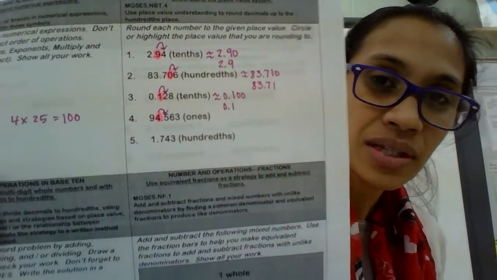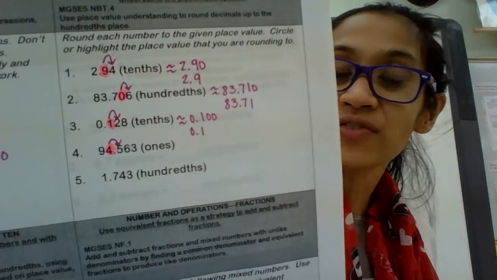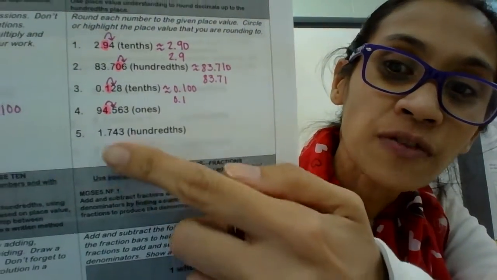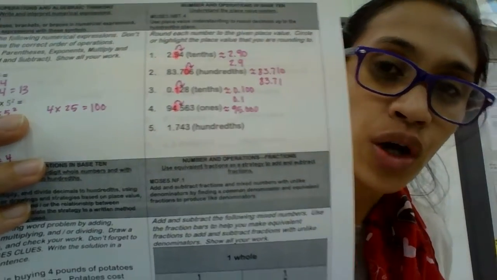Is that 5 less than 5 or 5 or more? It's 5 or more, so what happens to the 4? It increases by 1. So we have 95, and that's it. The rest becomes zeros. Or you could just write the 95 by itself. It's the same thing.